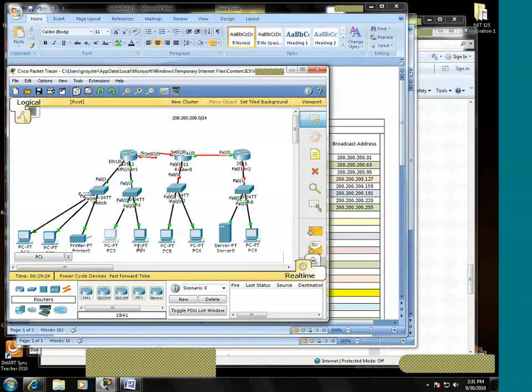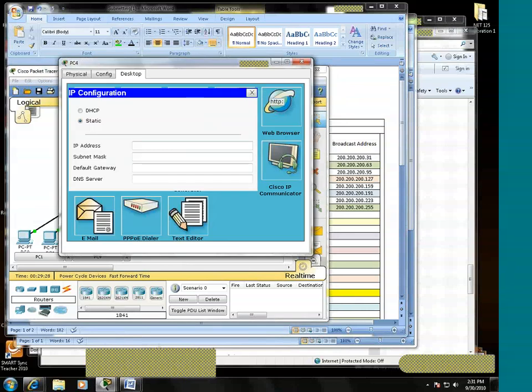All right. Let's configure another PC. What do I have? Can I use 220? Let's see.